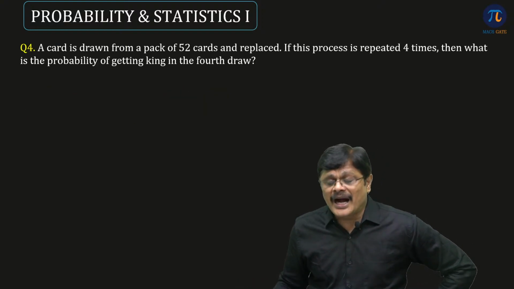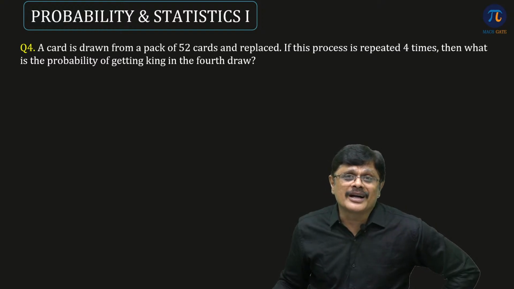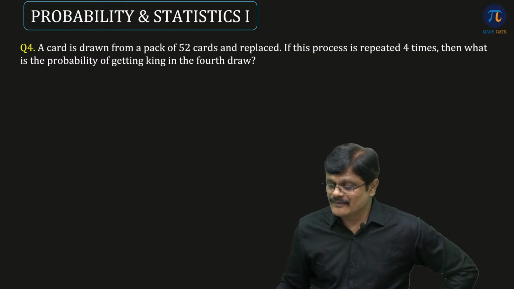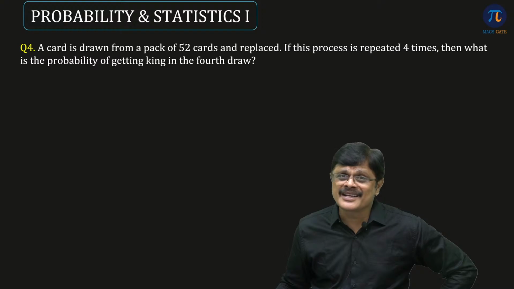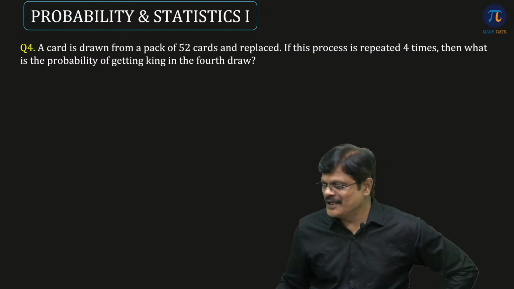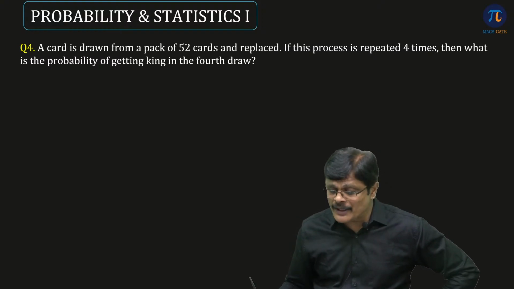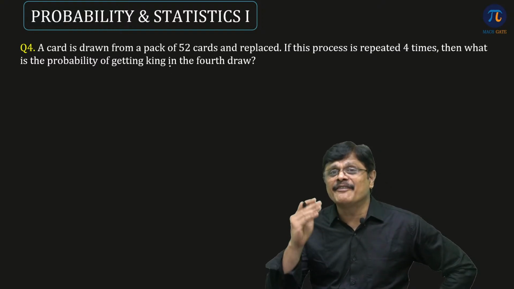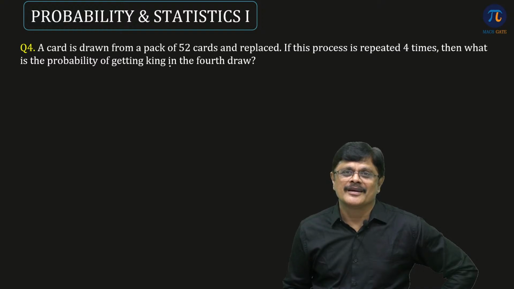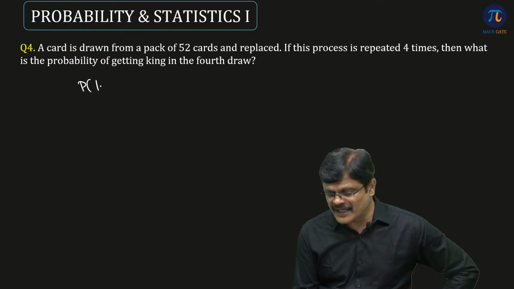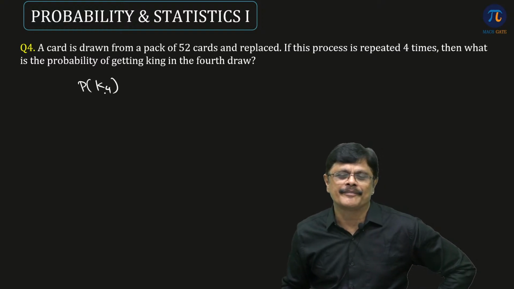Now look here, a card is drawn from a pack of 52 cards and replaced. The card is replaced. Very good. If this process is repeated 4 times, then what is the probability of getting a king in the 4th draw?